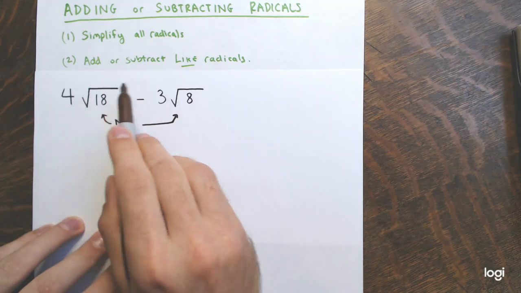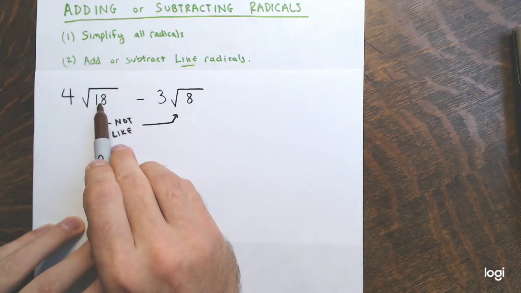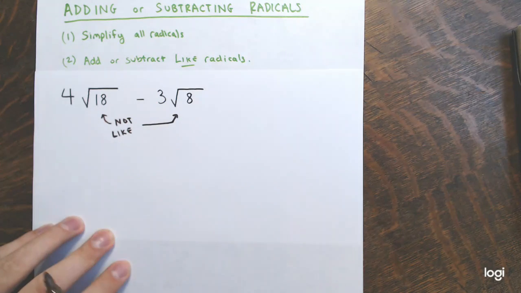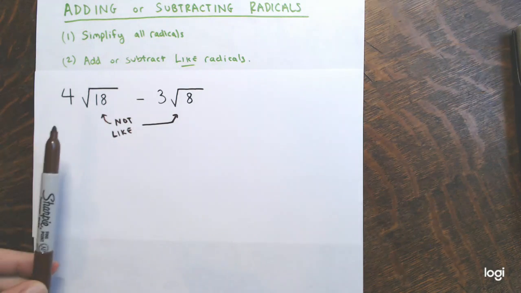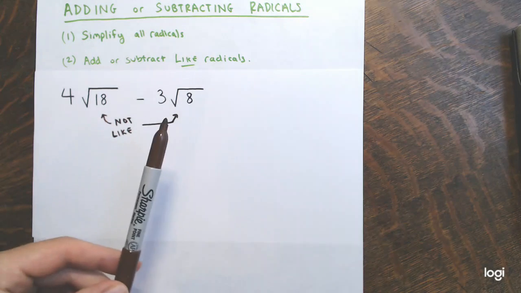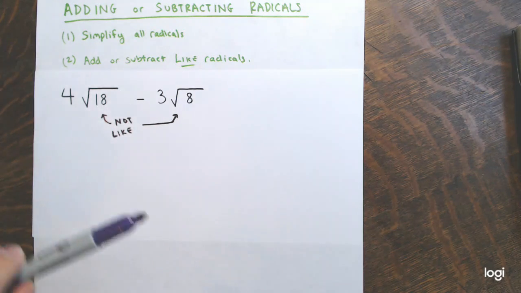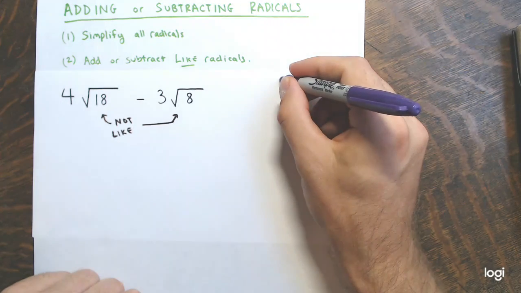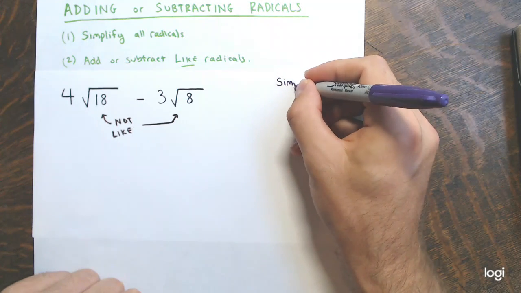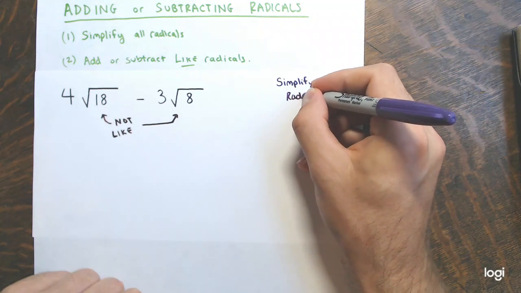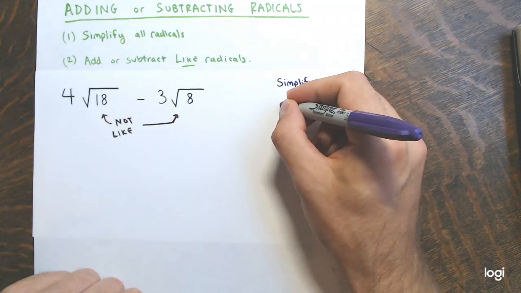They have the same index, sure, they're both square roots, but this has a radicand of 18, this has a radicand of 8, and those are different. So I cannot combine these yet. But we still haven't done the first step yet. So off to the side here, I'll simplify the radicals, because these actually can be simplified this time.